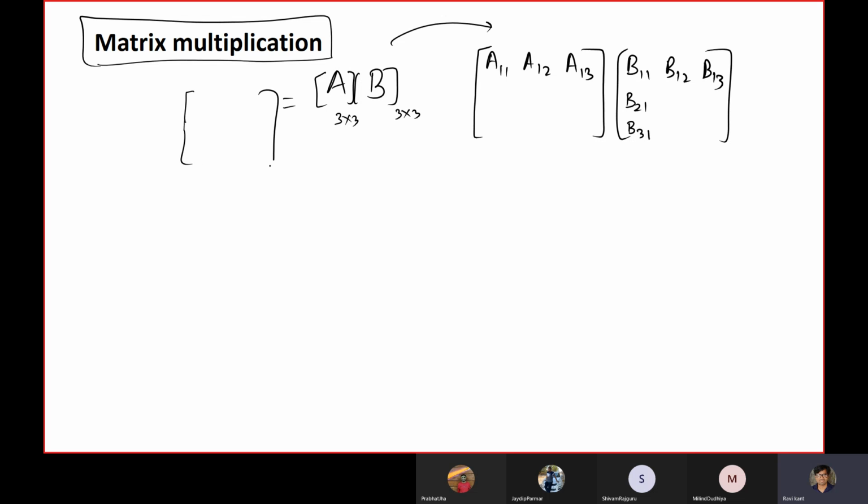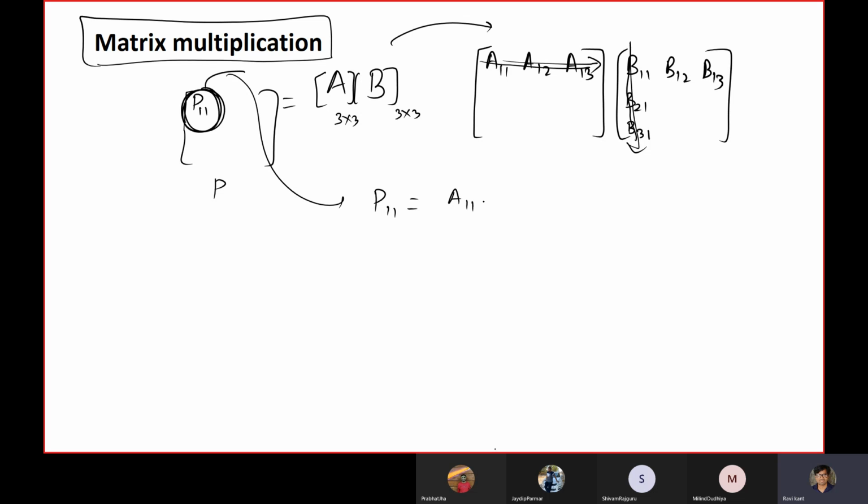Whenever I write this, it could be some matrix p, the multiplied matrix, and this p11 is written in a certain fashion. What is that fashion? I'm going to multiply this particular row with this particular column, and this is my first entry over here.